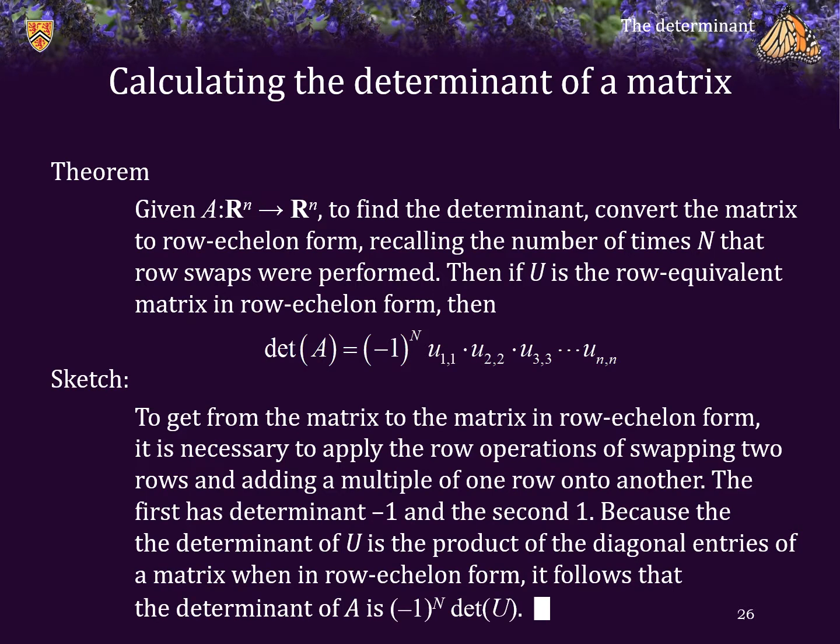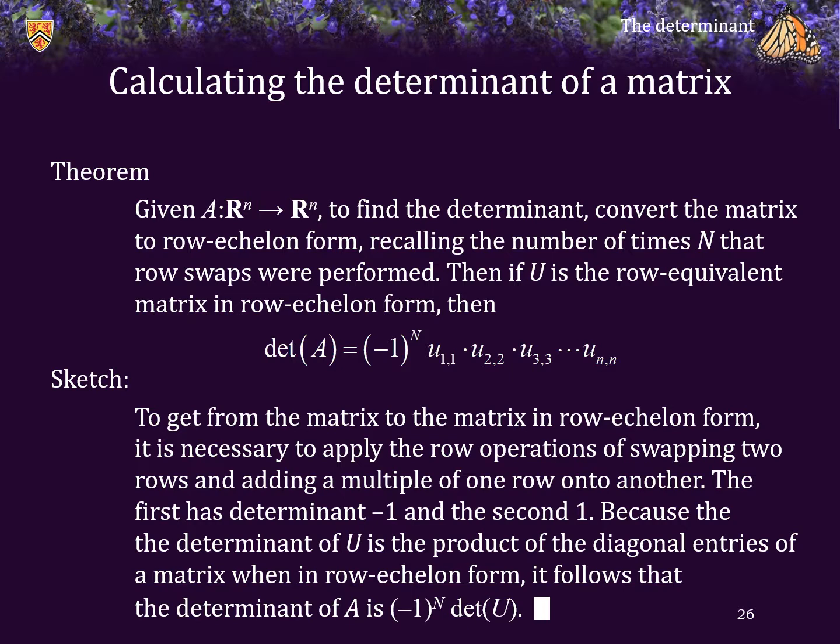Sketch of the proof. To get from the matrix A to the matrix that is in row echelon form, all we did was apply row operations of swapping two rows and adding a multiple of one row onto another. The first, swapping two rows, has a determinant of -1 each. Each of the second ones, adding a multiple of one row onto another, has a determinant of 1.